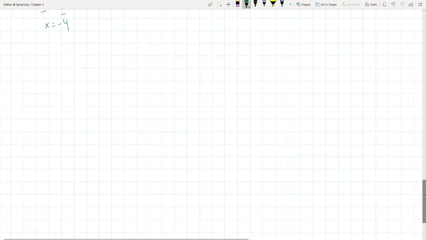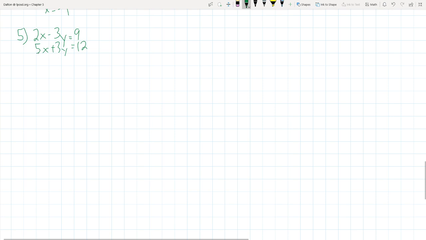Alright, if you think you're getting this, go ahead and try number 5 on your own, and then resume. See how you do. If you get stuck, go ahead and watch through this. 5x plus 3y equals 12. So again, checking, something's going to cancel out, right?